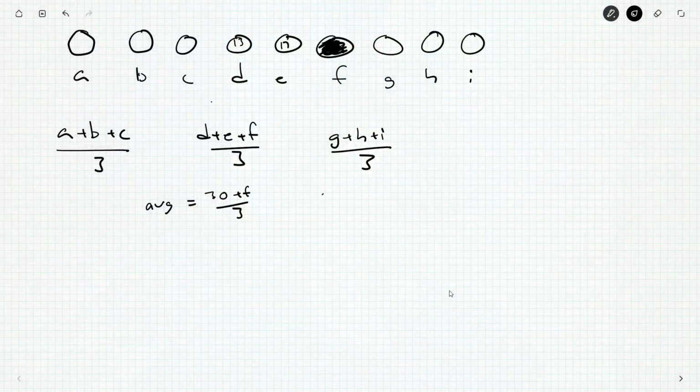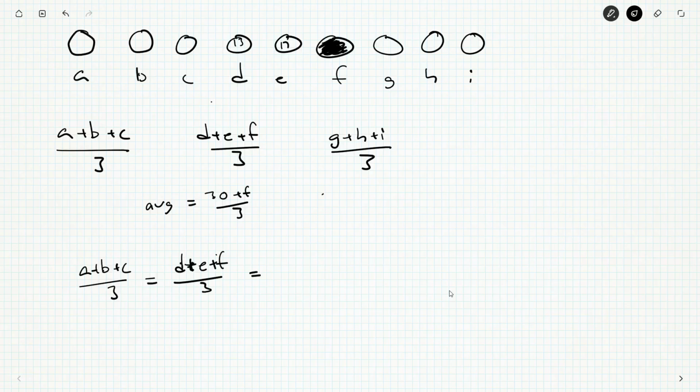Well, what do we know? We are told that each of the averages that she calculates are equal. And we'll say that that's equal to, I'm not going to keep calling it average, I'm going to give it a name.